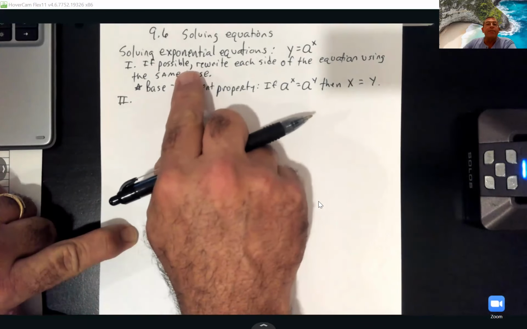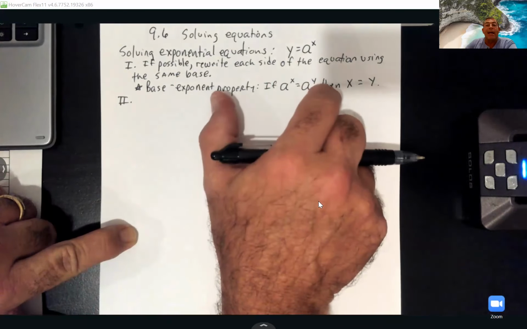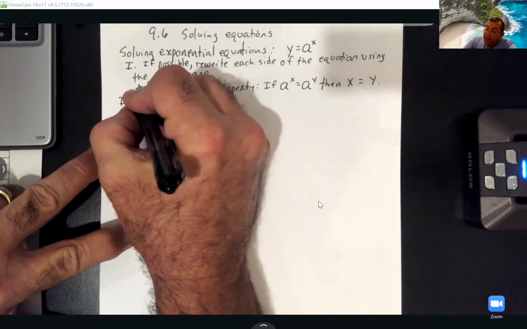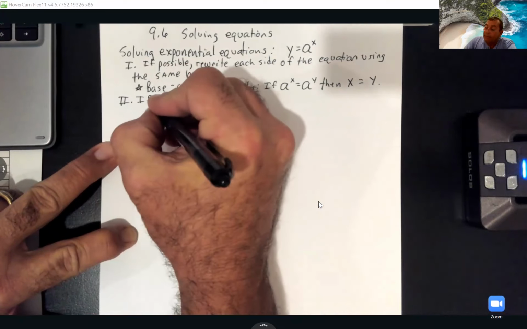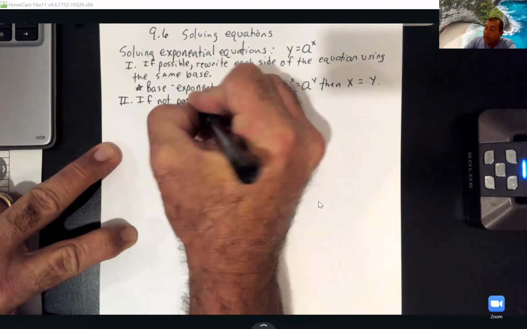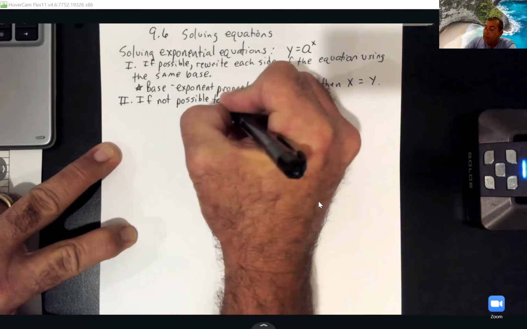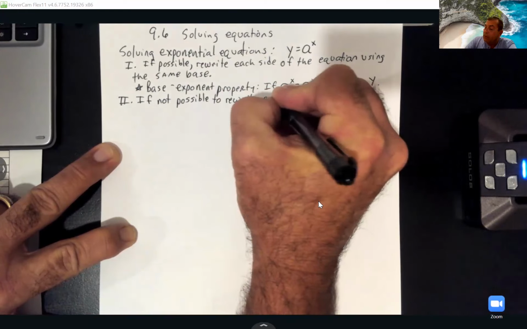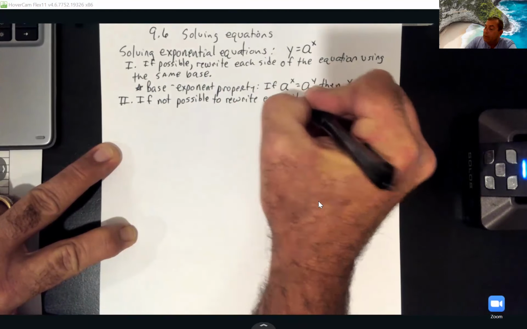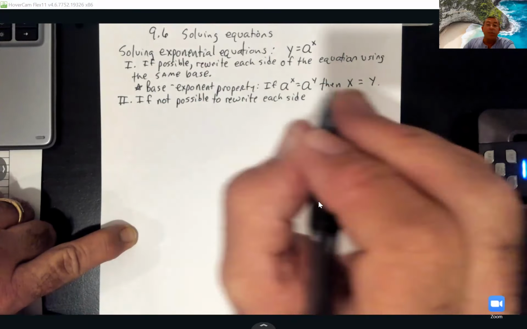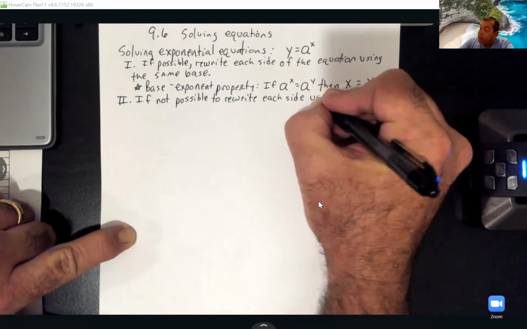Now, that's only if it's possible to rewrite each side using the same base.